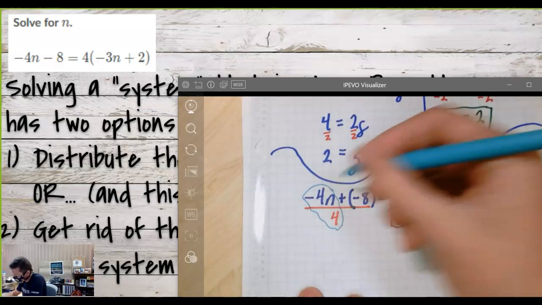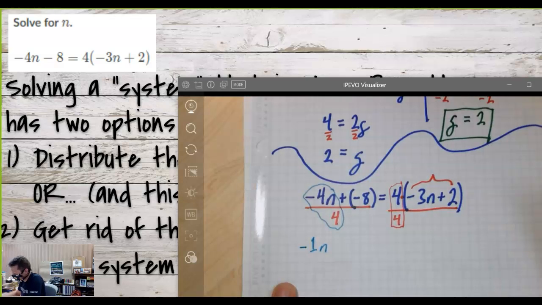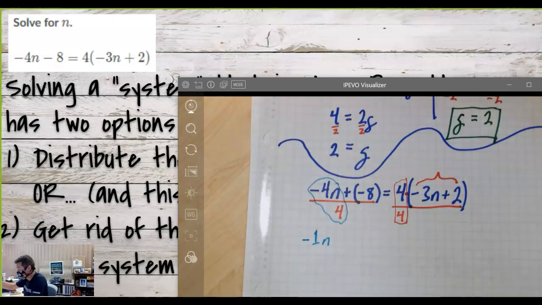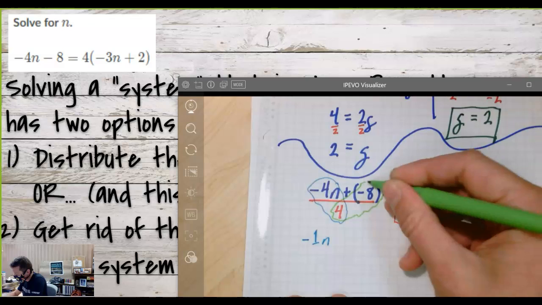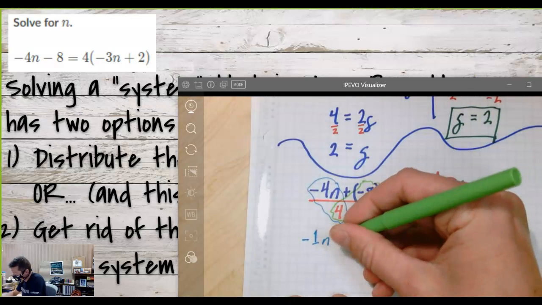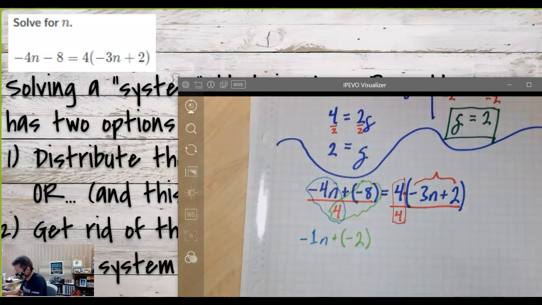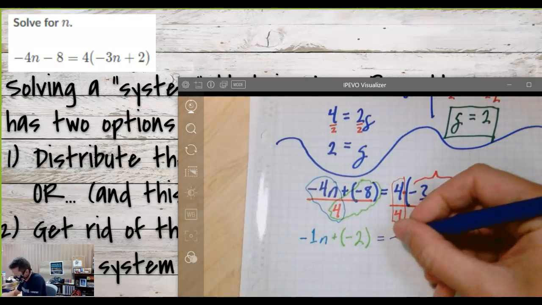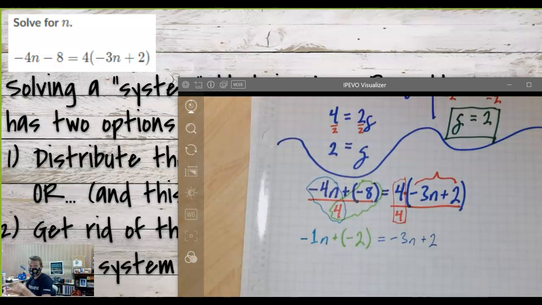This becomes negative 1n. Or just negative n. This becomes negative 2. And the right side, well, if this became 1, then it's just negative 3n plus 2.